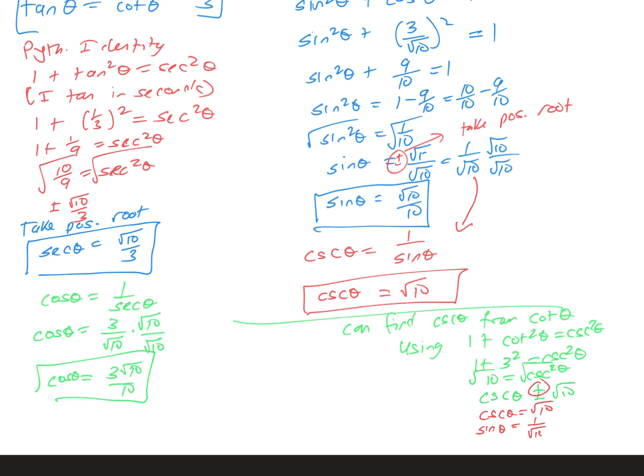So it's 1 over rad 10. Rationalizing that, we get rad 10 over 10. So two different approaches here. So this is the second approach to find cosecant theta and sine theta.